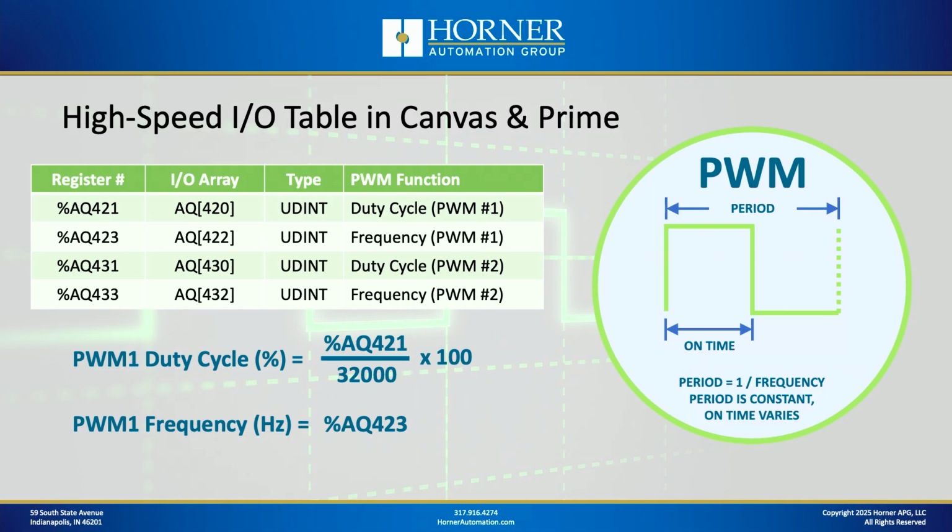Now, it's much simpler to set your frequency because there's no math involved. You just set the frequency. So for the first PWM output, if you're talking about 1,000 hertz, you set AQ423 to 1,000 and you're good to go. Of course, all these values that I'm talking about here are for Canvas and Prime.